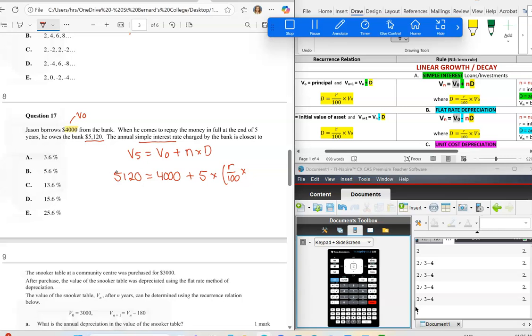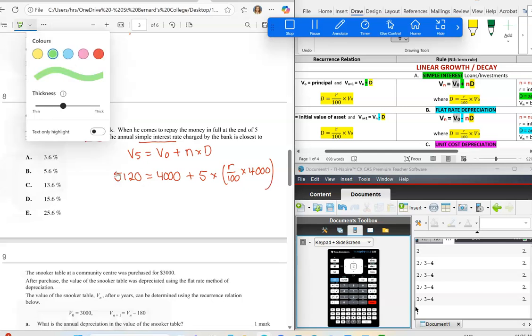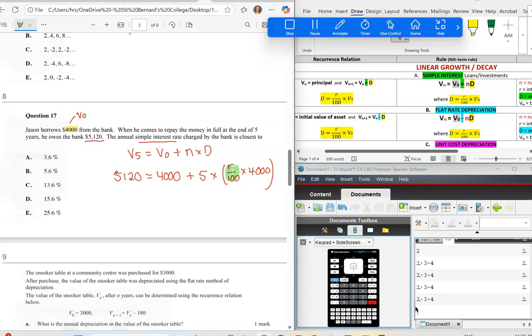So I could go little r times 4,000 because that's what V0 was. So you can see what I'm doing is this bit here is that D in the simple interest formula up there. So instead of writing D, I use the formula for D.